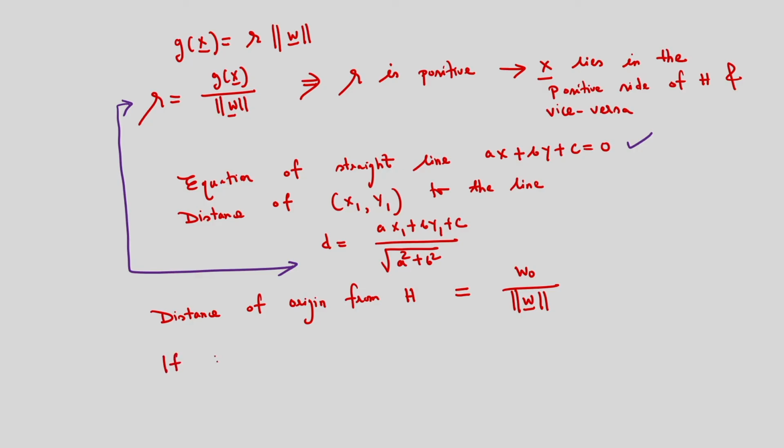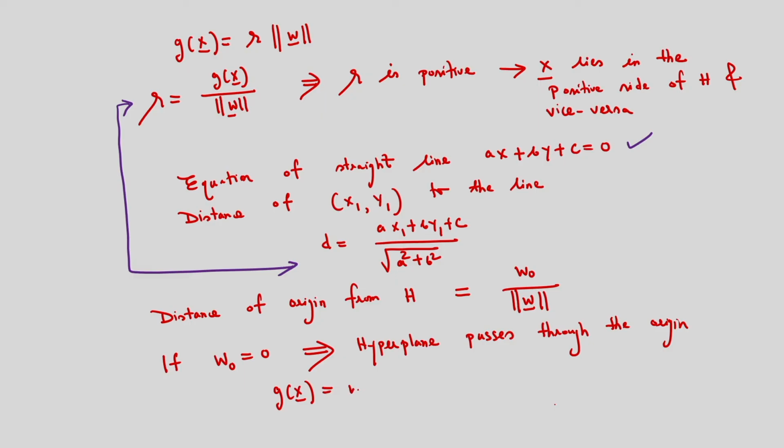If w0 is equal to 0, that is, the bias is 0, it means the hyperplane passes through the origin. In this case I will get g(x) equal to just w transpose x. So I get the expression for the discriminant function like this if the bias w0 is equal to 0.